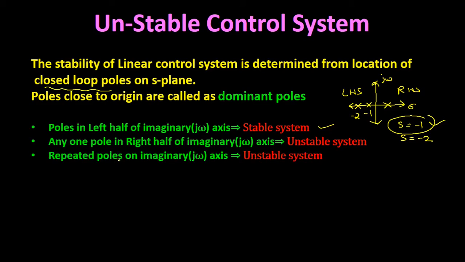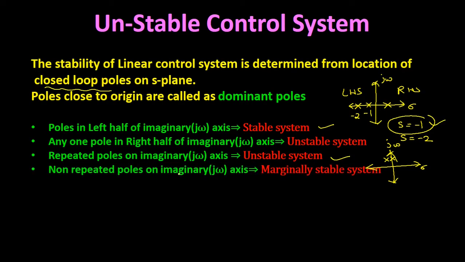And if the repeated poles exist on the imaginary axis, then the system becomes unstable. This is the example of unstable system. Here we can see that two poles are lying on the same position on the imaginary axis. So such type of system is called as unstable system.